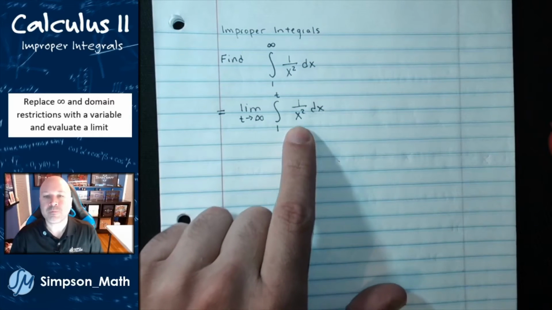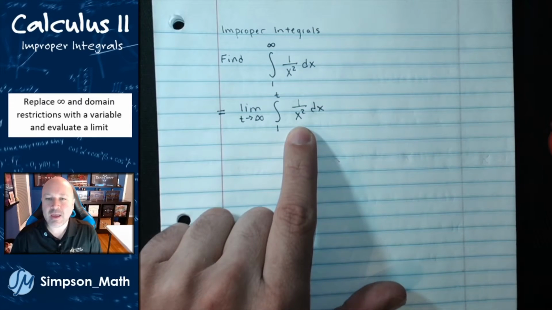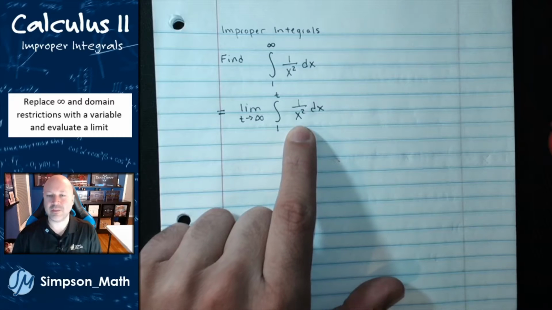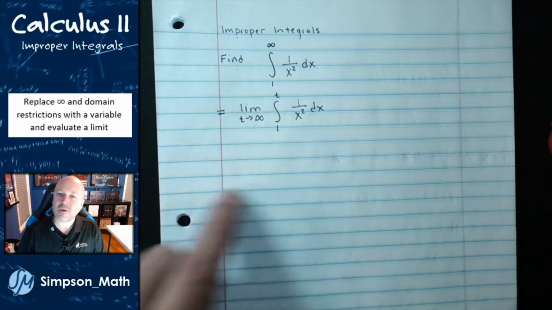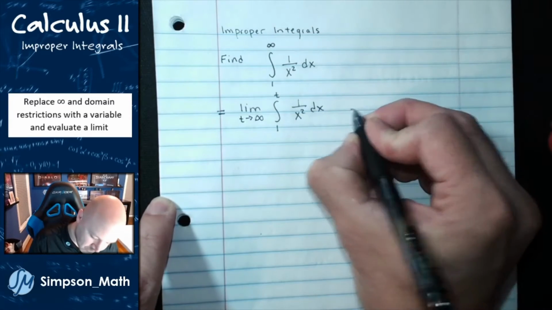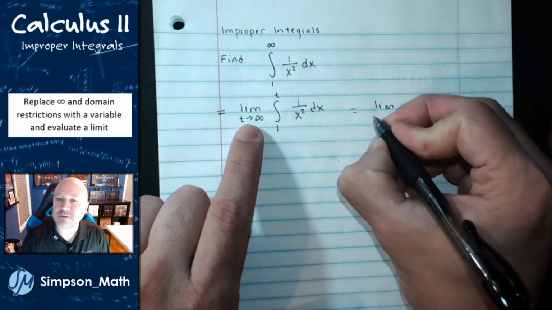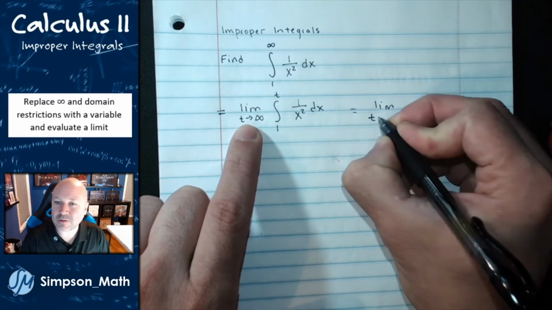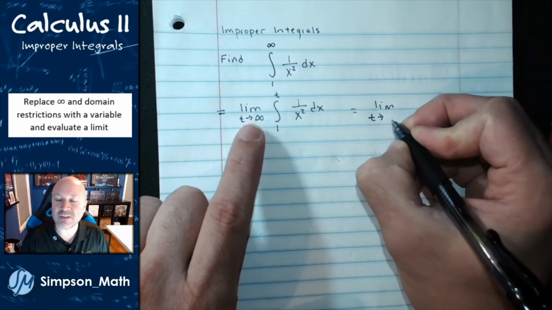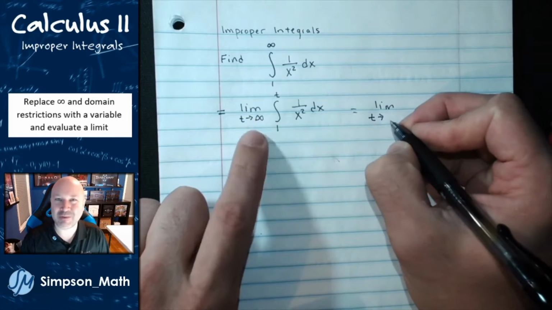Now, I can handle this. This is 1 over x squared, or I could think of that as x to the negative second power. In fact, I think I'll do that. Now, this is the beginning of calculus, the big struggle there was, you had to copy the limit notation.